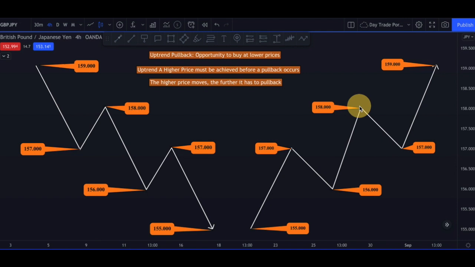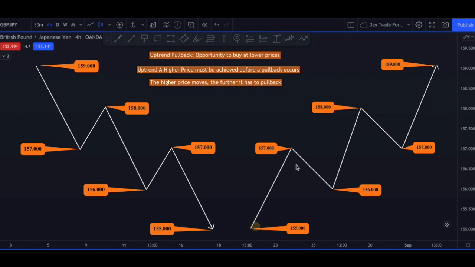The price goes up to 158, then it declines to 157, right? Now, when price declines to 157, you're hoping that it can stay above the last highest price here at 156. Because once again, a discount, especially in an uptrend, this is supply and demand once again. Even though we're going up, the people in Japan, they're steadily buying the pound 1 yen higher.